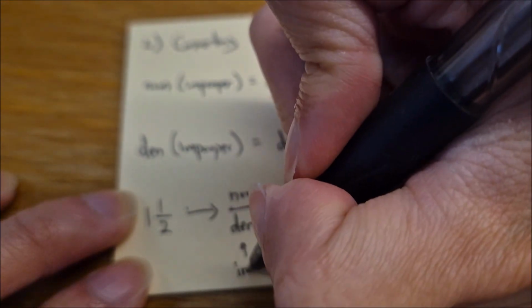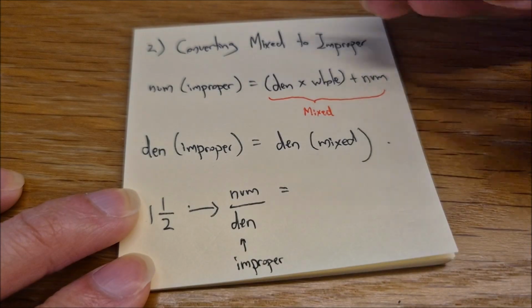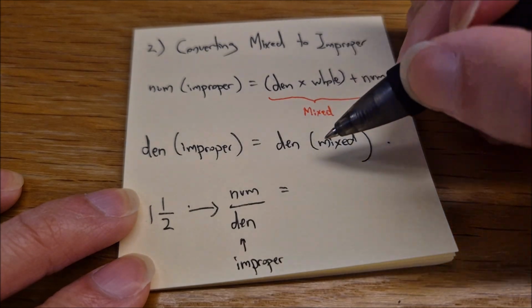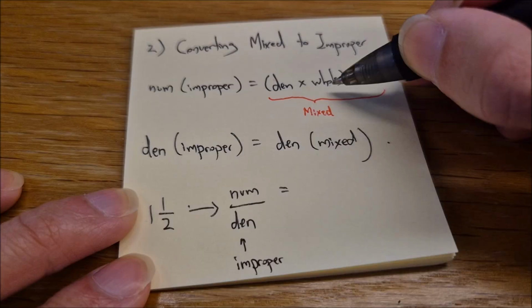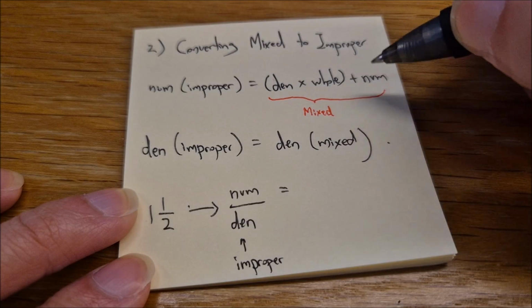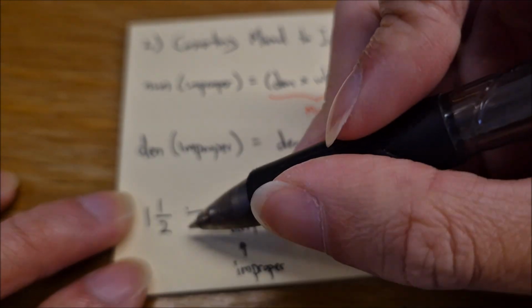The improper fraction: the numerator will be the denominator times the whole number plus the numerator. So we have 2 as the denominator.